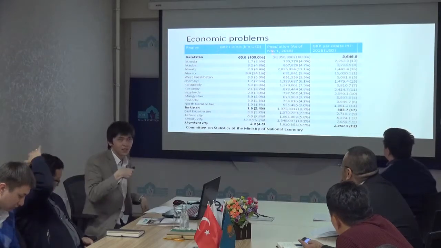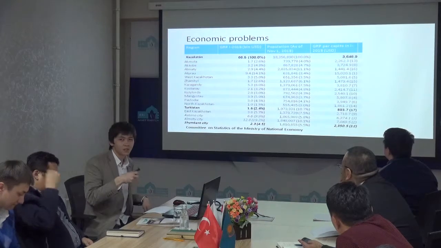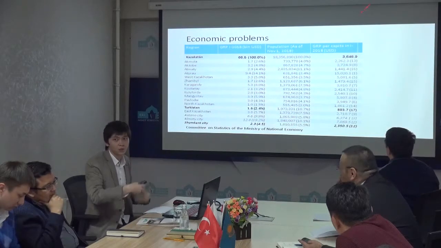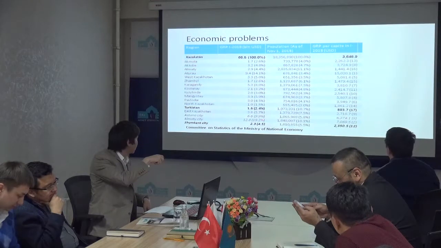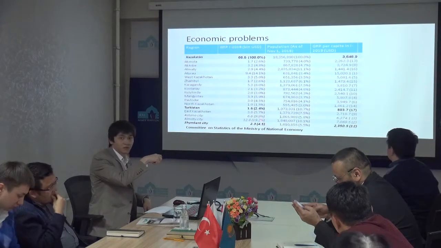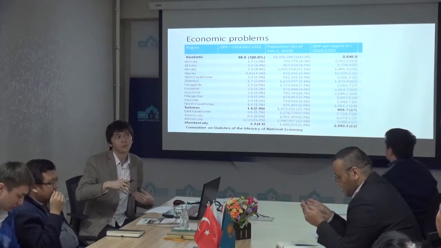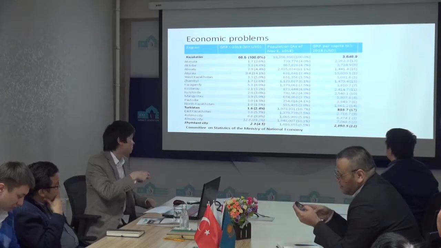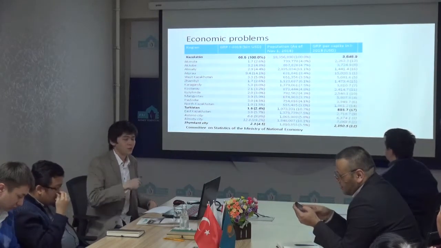Recall that Shymkent has almost the same population as Astana, but Astana produces almost 10%, twice as much. Almaty is even more. Almaty has about 1.7 million people, and Shymkent 1 million, but the difference between the two cities is very big.